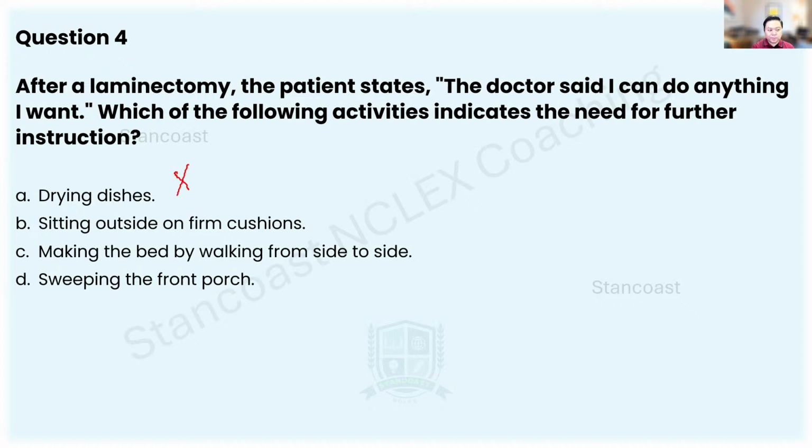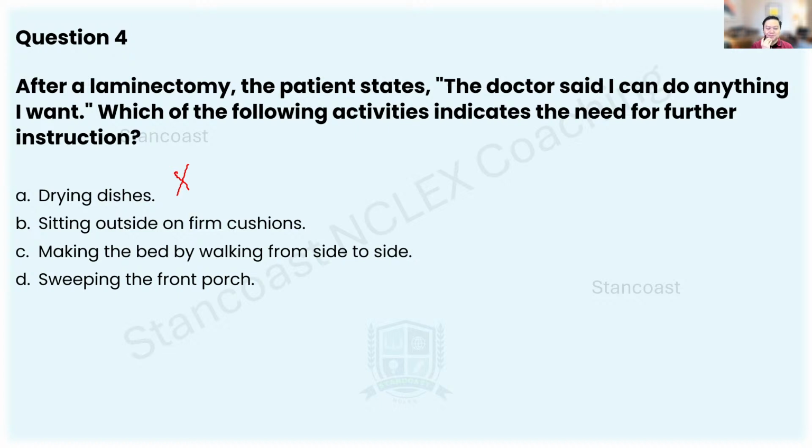What about letter B, sitting outside on firm cushions? We want to make sure that they are maintaining good posture and that they are doing those activities correctly. So sitting outside on firm cushion will actually support their back.